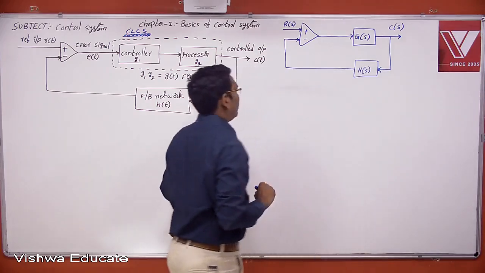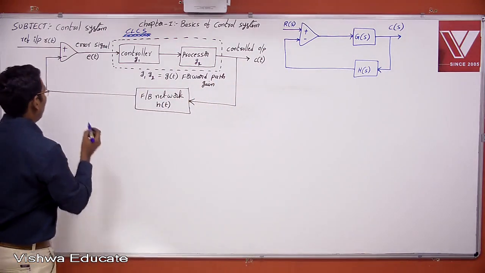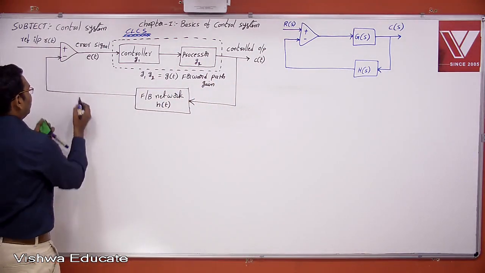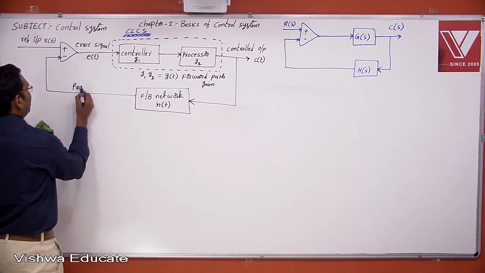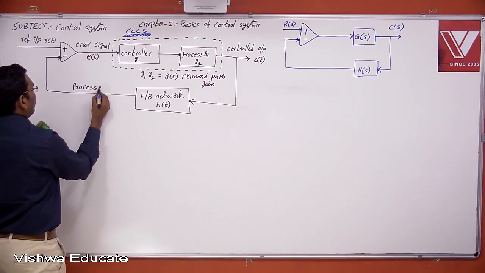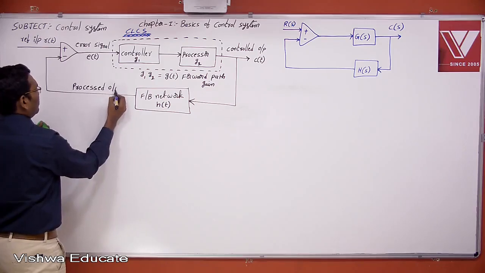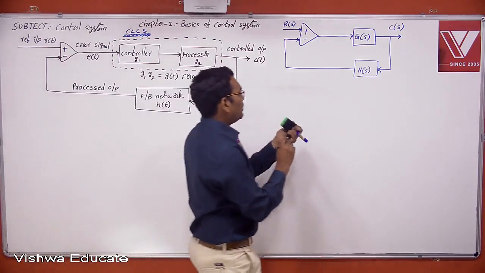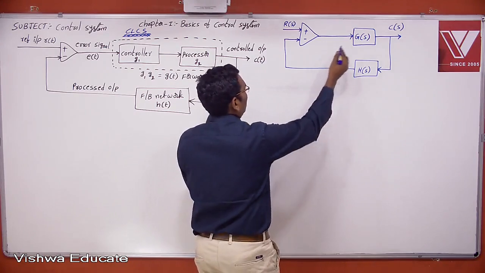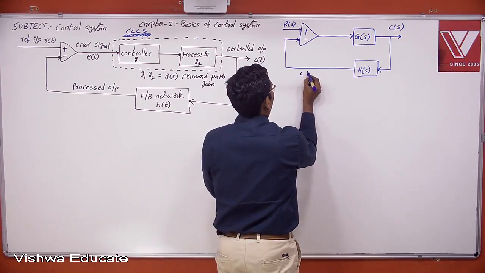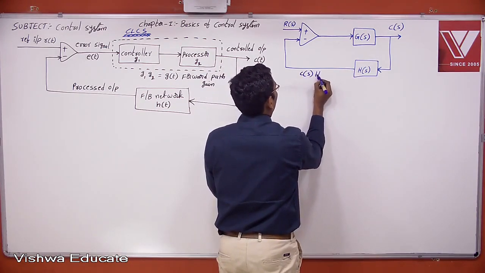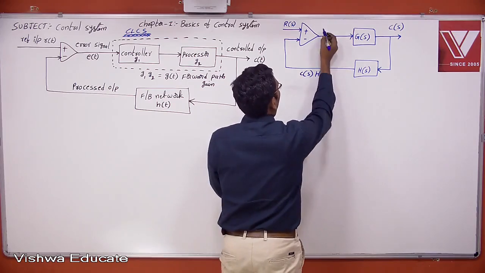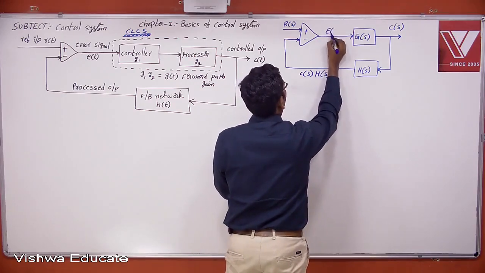Now, this feedback network will bring the processed output. You know that. This feedback network will bring the processing stage output. Therefore, this is the feedback network output, which is nothing but the processed output c of s into h of s. Now, this is the error signal e of s.